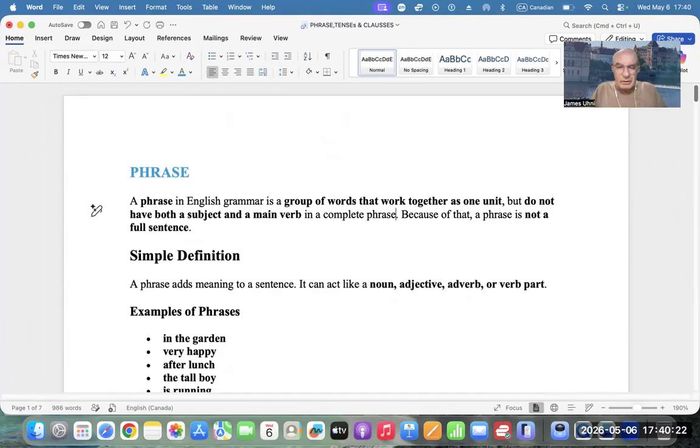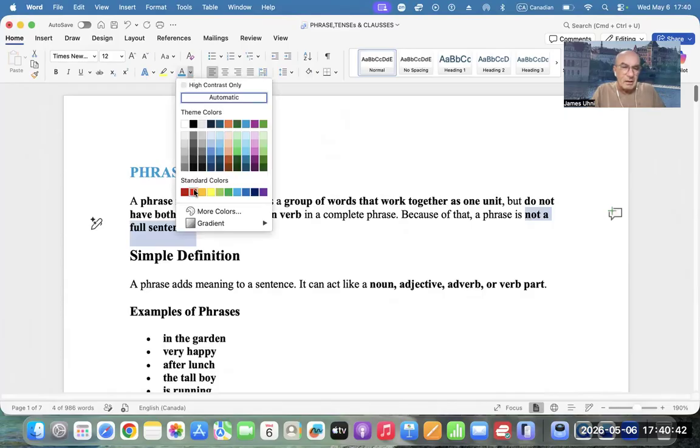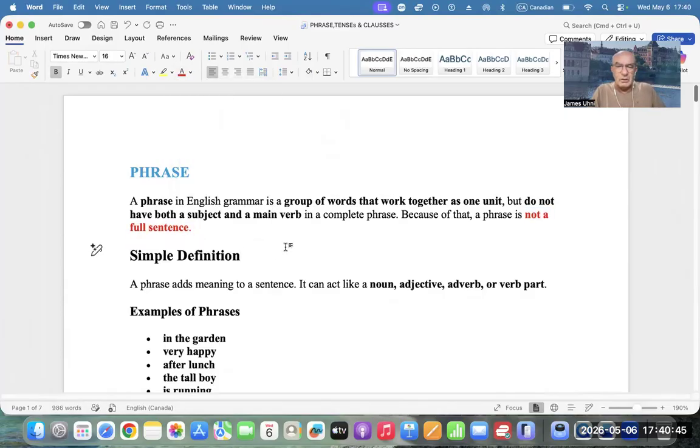Now, why am I doing this? Well, you will learn it in a second. Because of that, a phrase is not a full sentence. So I will highlight it in a red color because it's extremely important. A phrase is not a full sentence, but it is a group of words that work together as one unit.